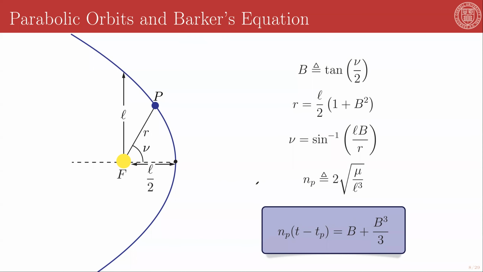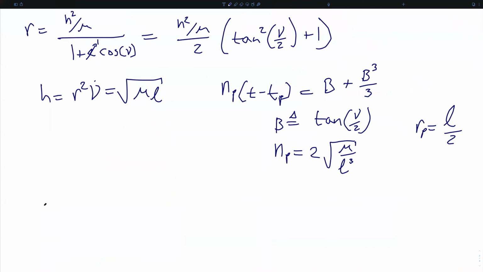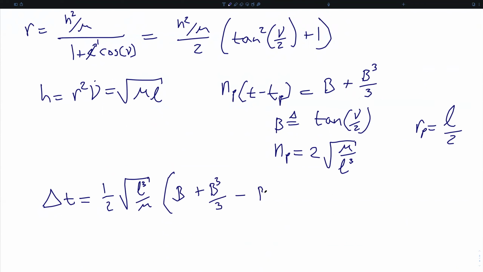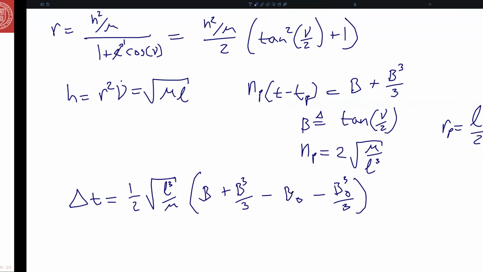And in general, we can write for a parabola that the change in time is equal to 1/2 the square root of p cubed over mu times B plus B cubed over 3 minus B naught cubed over 3, where B is the parabolic anomaly at the final time and B naught is the parabolic anomaly at the initial time. And this is generally known as Barker's equation.